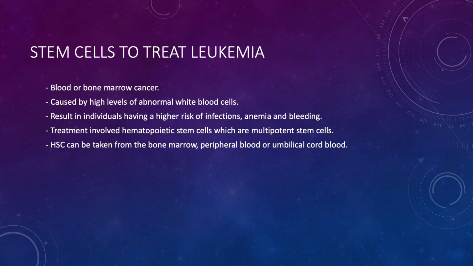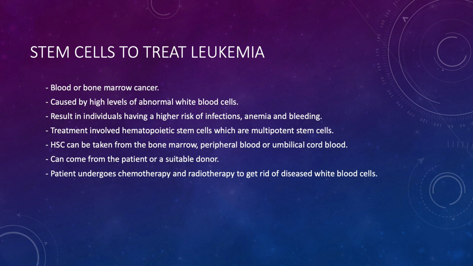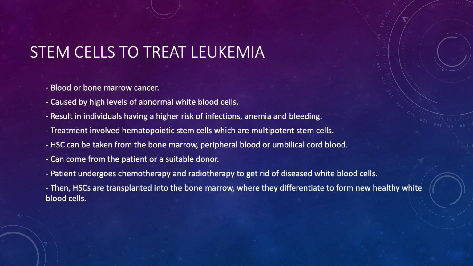These HSCs can be taken from the bone marrow, peripheral blood, or umbilical cord blood, and can come from the patient or a suitable donor. The patient then undergoes chemotherapy and radiotherapy to completely wipe out the diseased white blood cells. And following this, the HSCs are transplanted into the bone marrow, where they differentiate to form new healthy white blood cells.